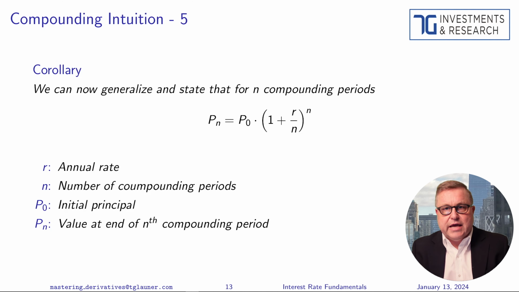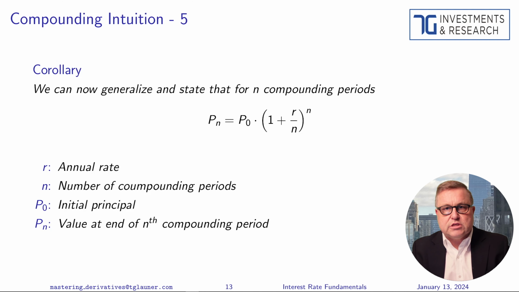Ultimately, the end result for multiple compounding periods is that Pn equals P0 times 1 plus R over n, raised to the nth power. Here R represents the annual interest rate. n denotes the number of compounding periods per year.